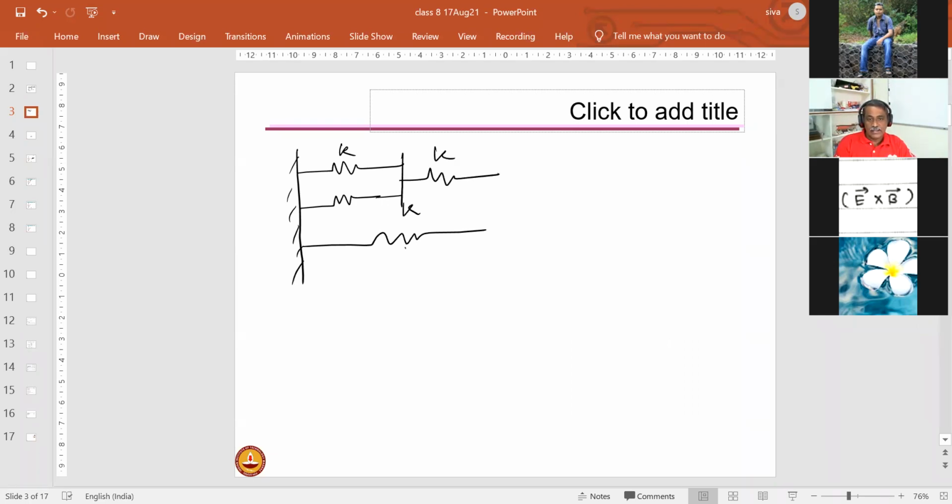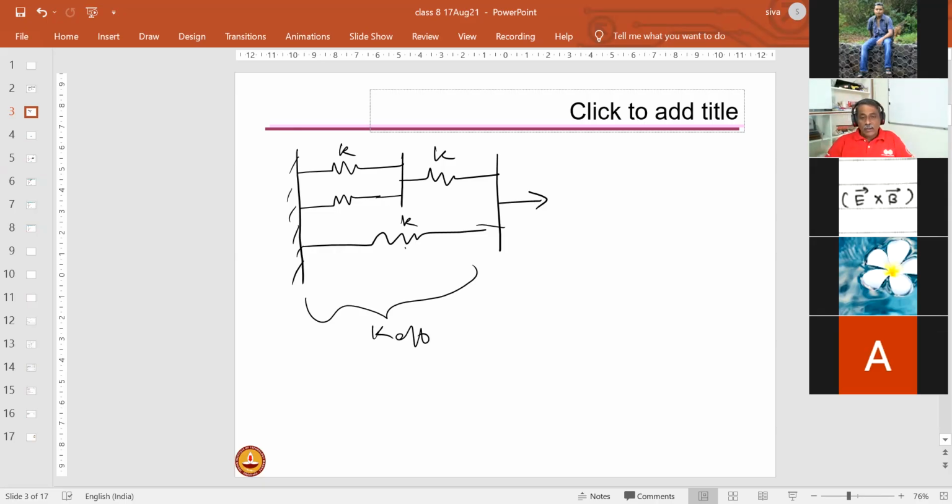This is K, this is K, and let's say I'm now interested in K effective. How will I go about it? You can also speak, doesn't matter. Sir, 5K by 3. How do you get there? Go methodically so that it's clear to everybody.